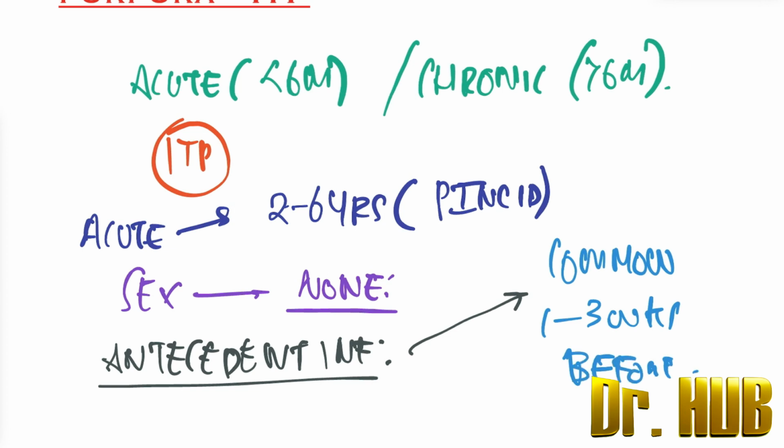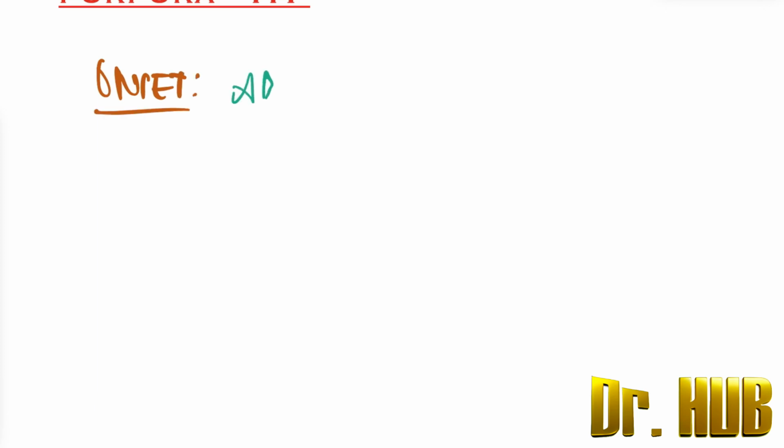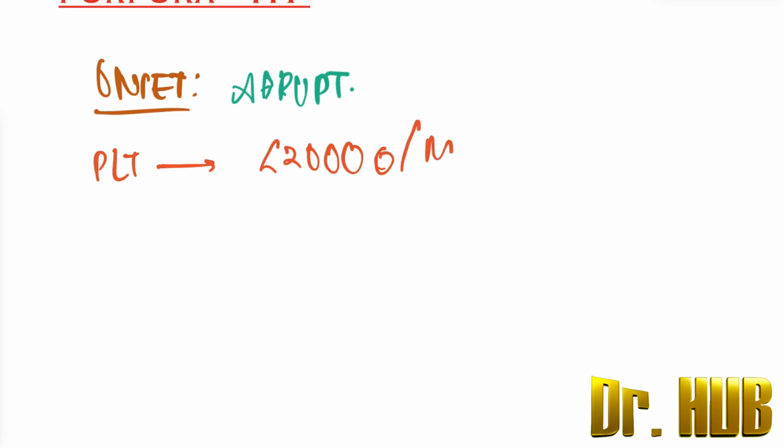Now what about the onset of bleeding? The onset of bleeding is abrupt, and the platelet count, the PLT, will be less than 20,000 per microliter.